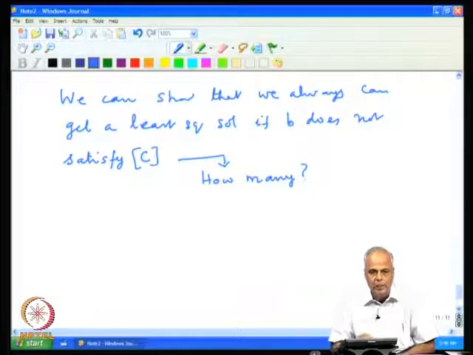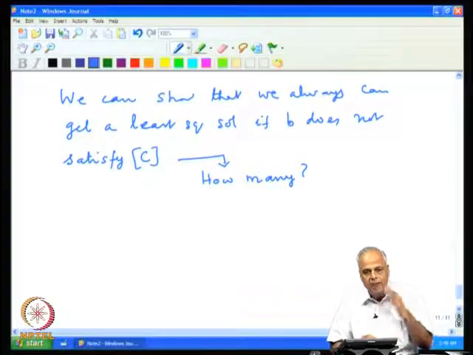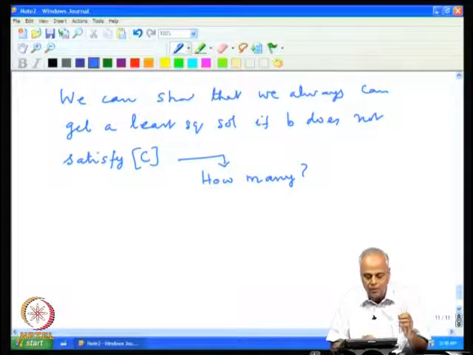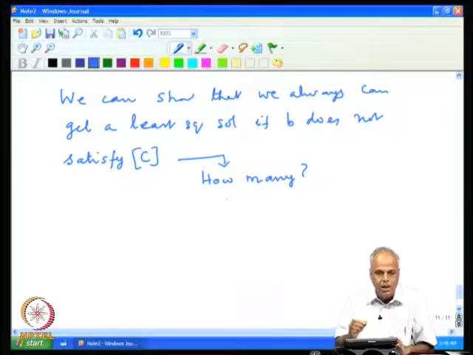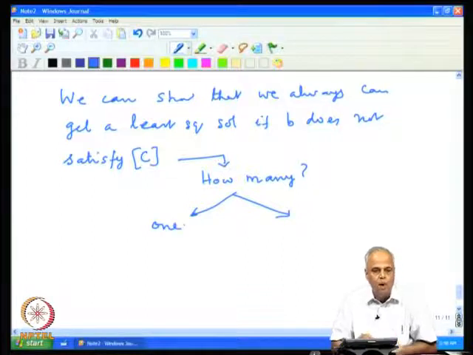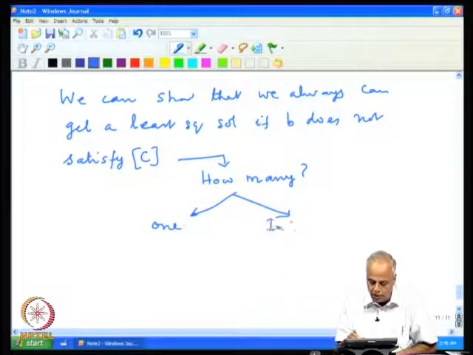Now we get into a loop again. Just as when B satisfied C there was a solution, now that B does not satisfy C there is a least square solution. In the case where B satisfied C, how many solutions did we ask? There are one or infinitely many. In this case also, we get either one least square solution or infinitely many.